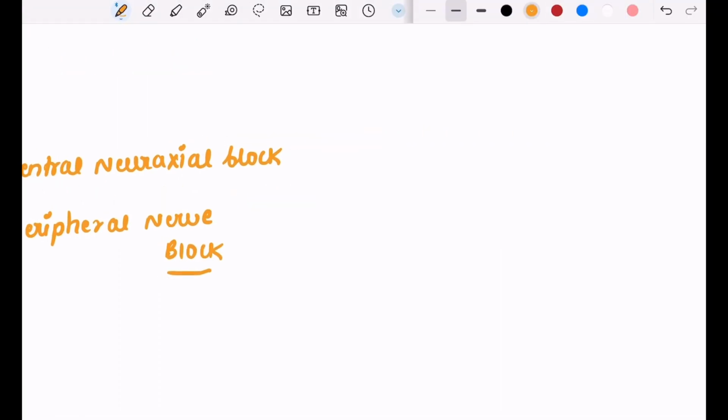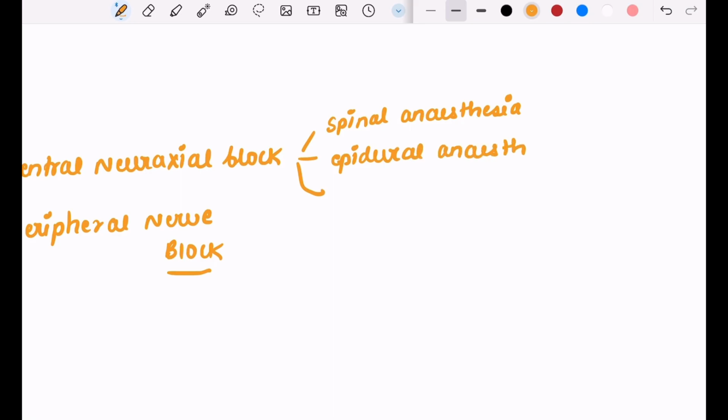The central neuraxial block is further subdivided into three types, which are spinal anesthesia, epidural anesthesia, and caudal anesthesia.